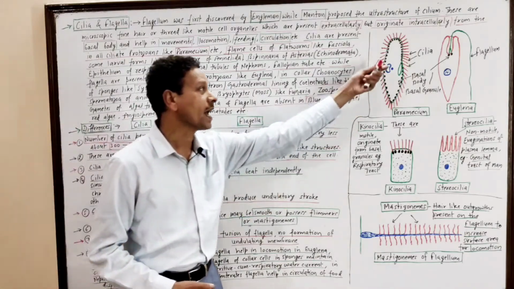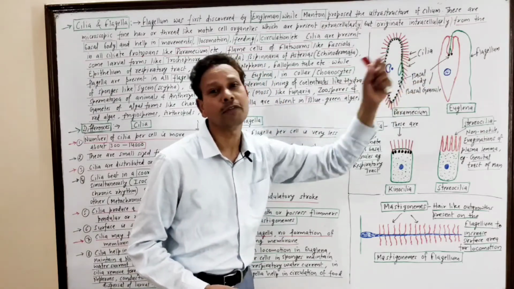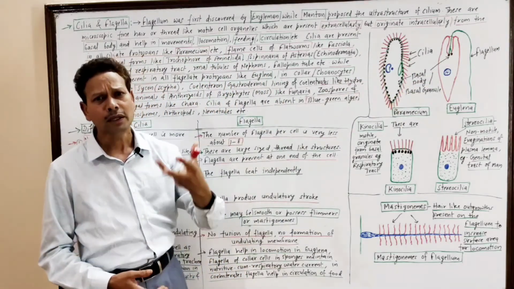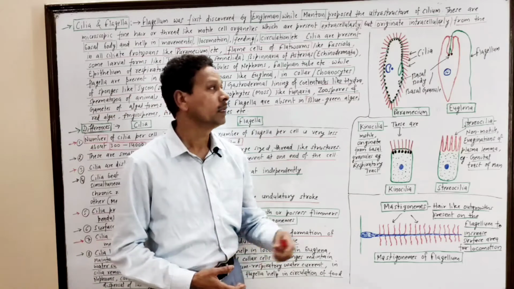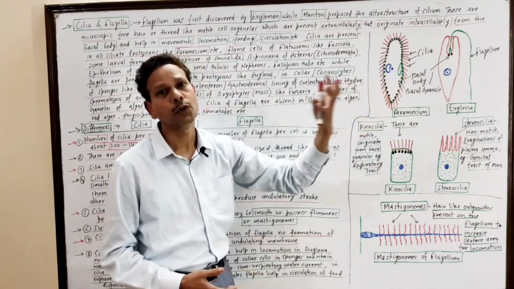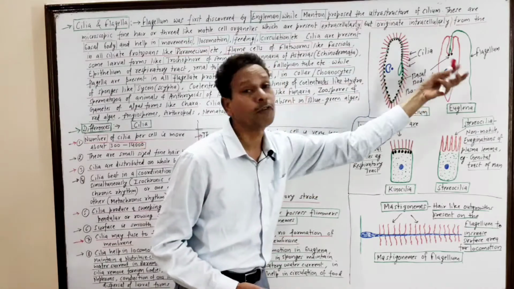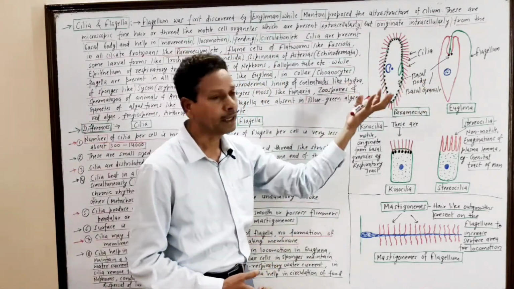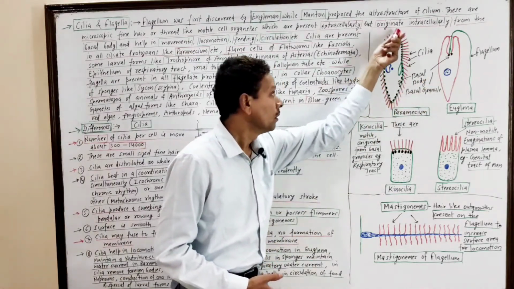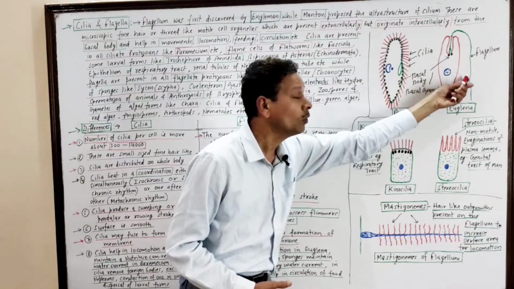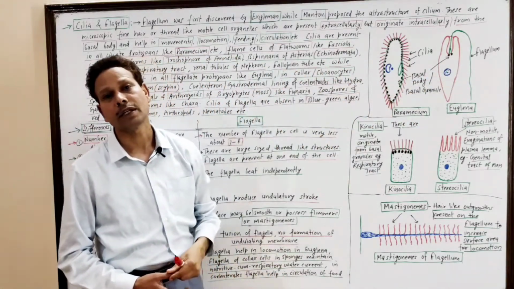But these cell organelles, cilia and flagella, are unit membrane bound, having a single membrane. These cilia and flagella are fine, hair-like or thread-like elongated structures.